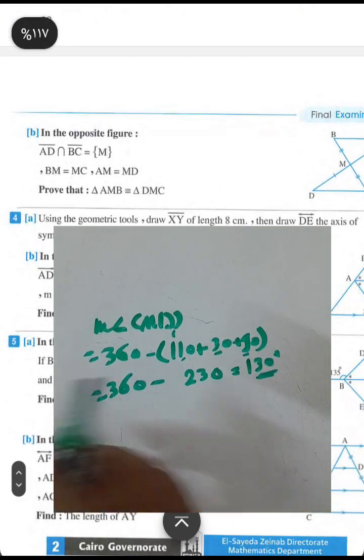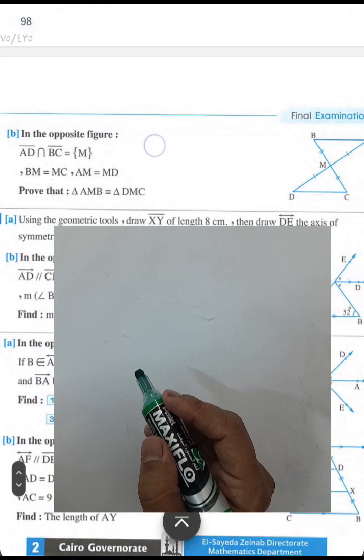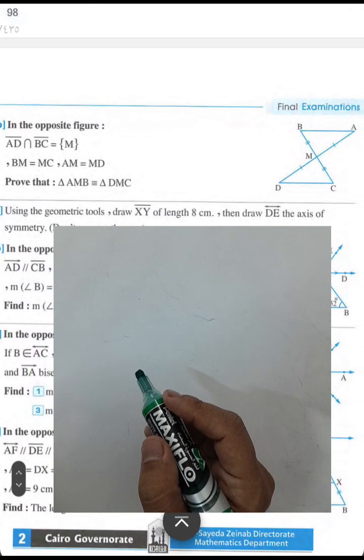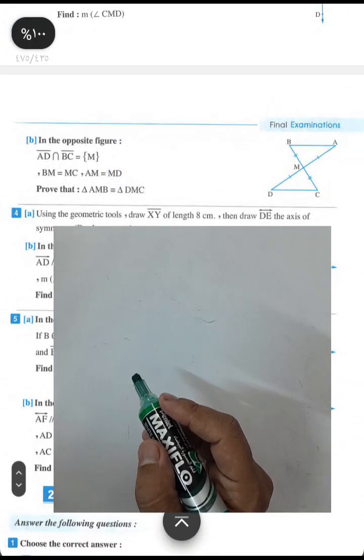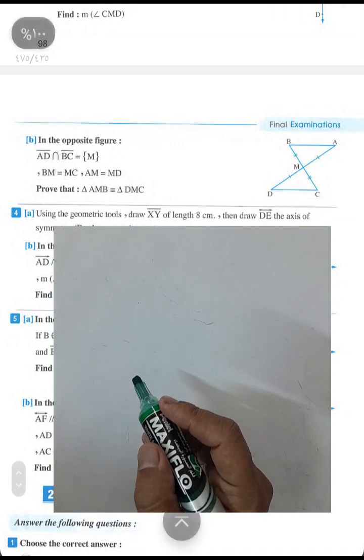Question letter B. We have two triangles here. Prove that the two triangles are congruent. Okay, to prove that, by using what? Two sides and the included angle between them.